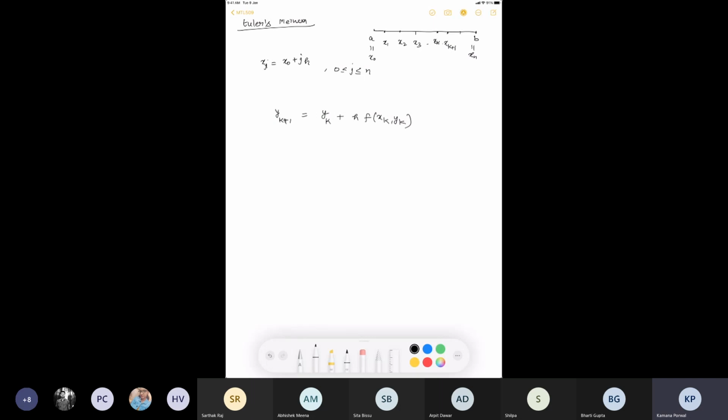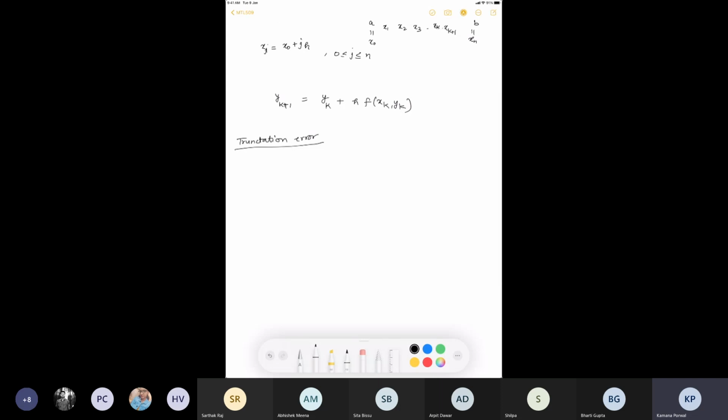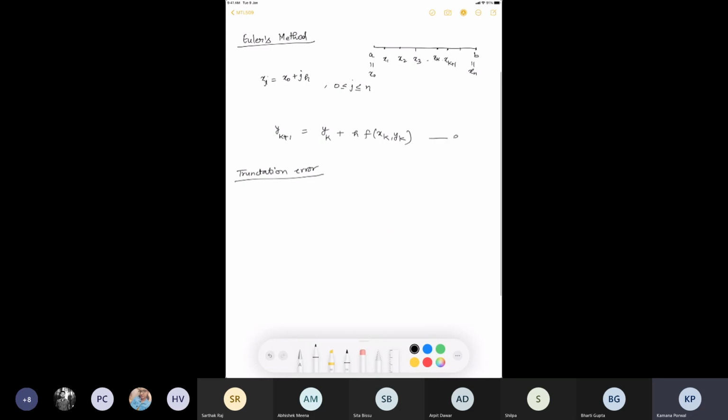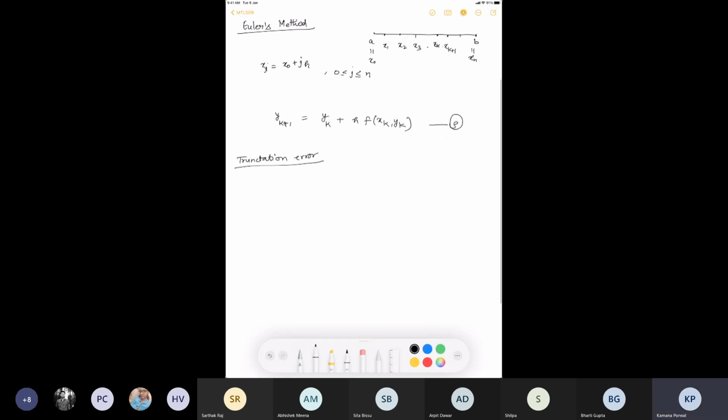And then we also saw the concept of the truncation error, that is, the truncation error for this method in particular. How do we understand the truncation error? For a given method, which is this method in our case, if I mimic the same behavior with the exact solution, here I have yk plus 1, the approximation of the solution y at xk plus 1.